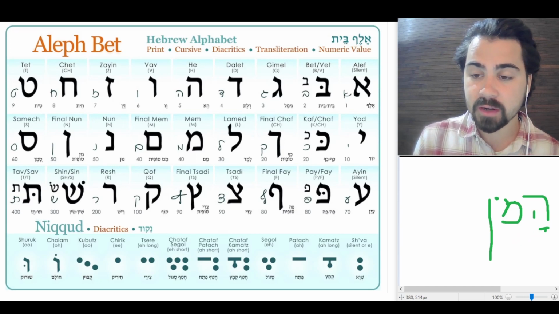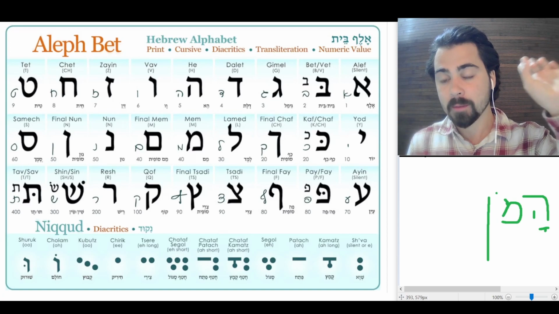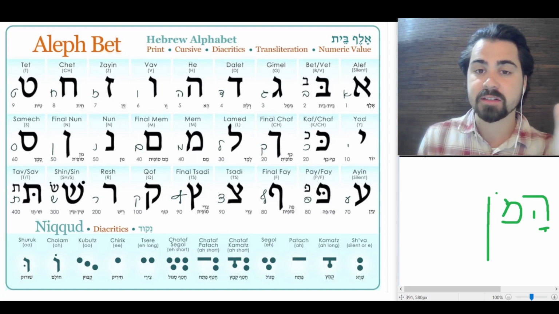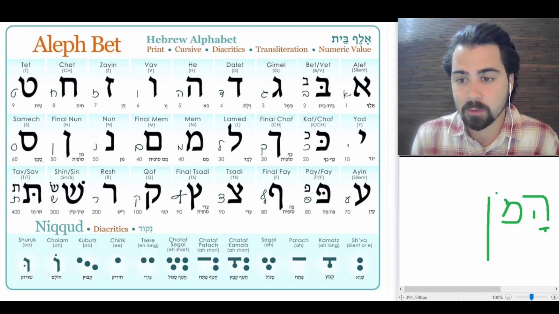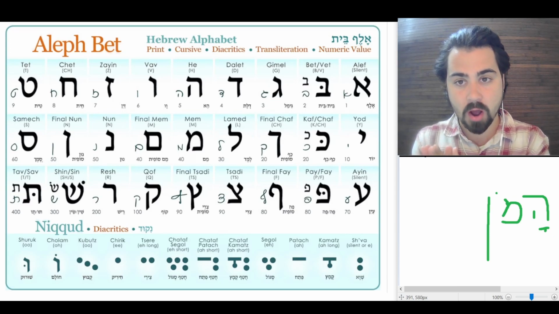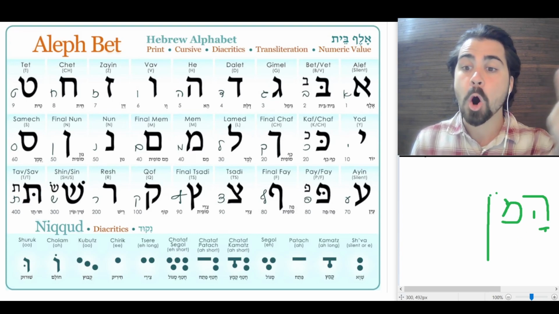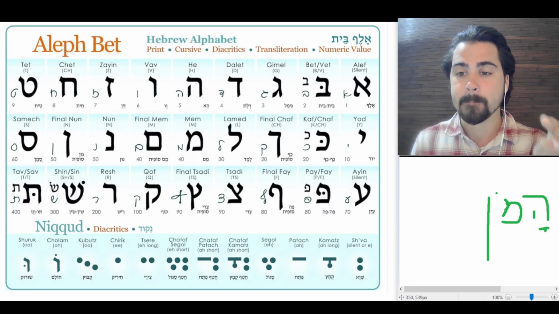But then when we continue, we see this dot on top. So we know, oh, okay. So now we go back to the m and we assign it its vowel, so it's a lot easier to pronounce because we like adding vowels to letters if we have the option. So we have ha, mo, m, o, mo, ha, mo.